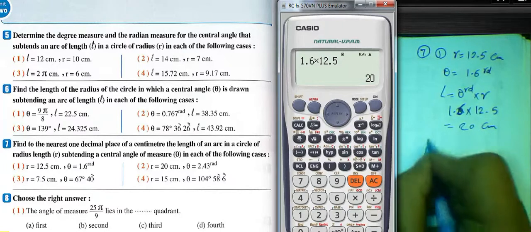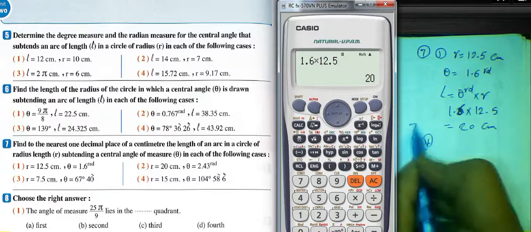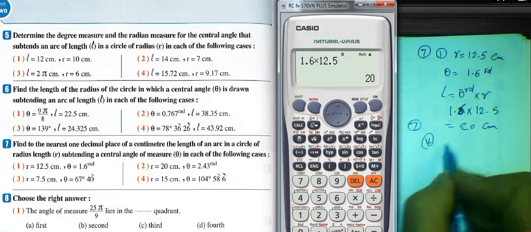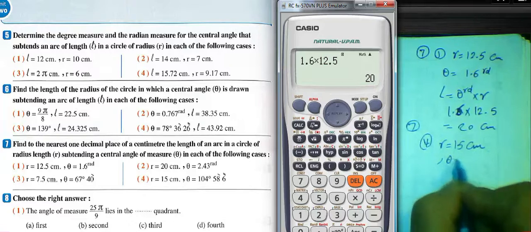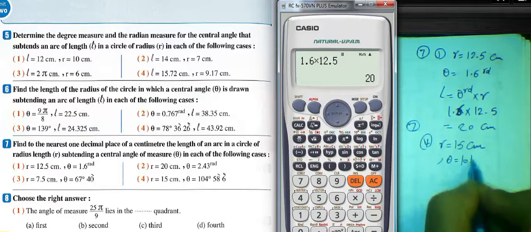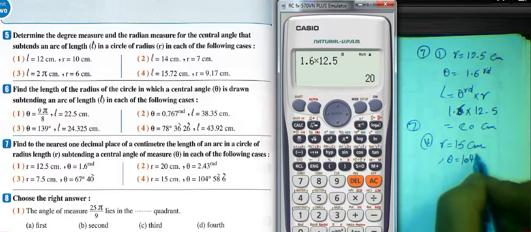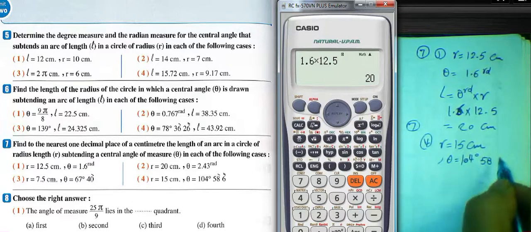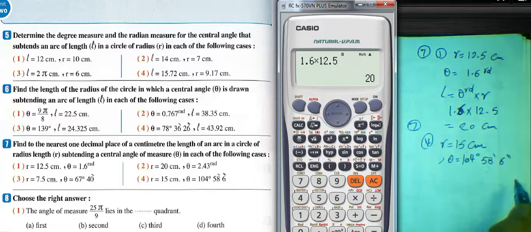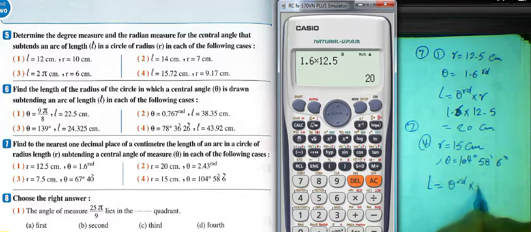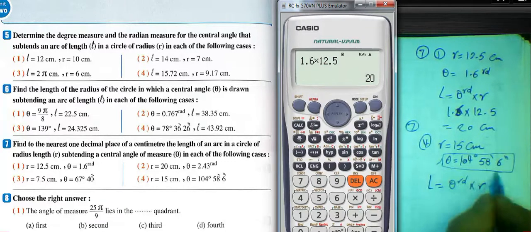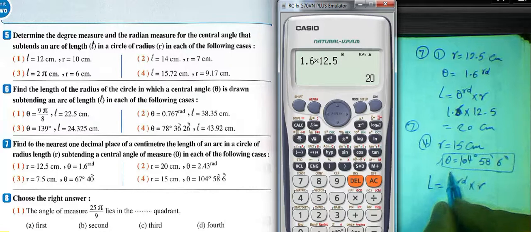We can solve number 4 in question 7. We have radius 15 centimeters, theta equals 104 degrees 58 minutes 6 seconds. L equals theta in radian multiplied by r, but this theta is in degrees, so we convert theta degree to theta radian.